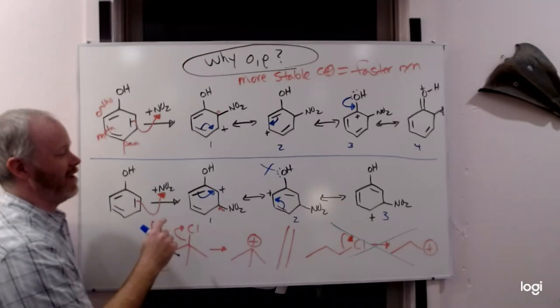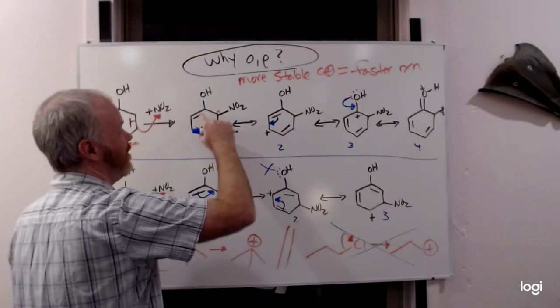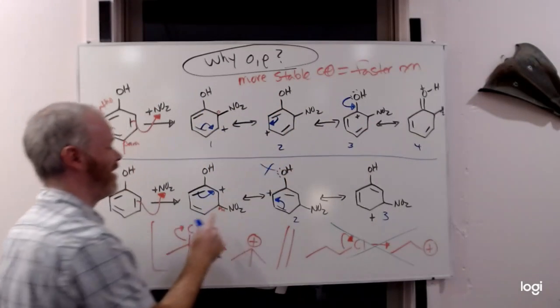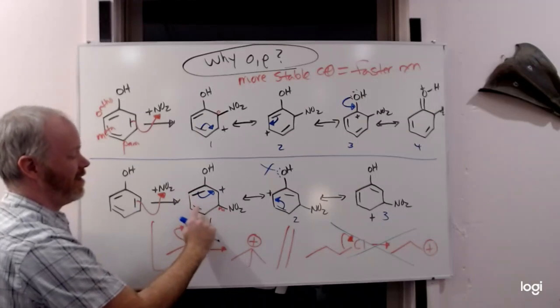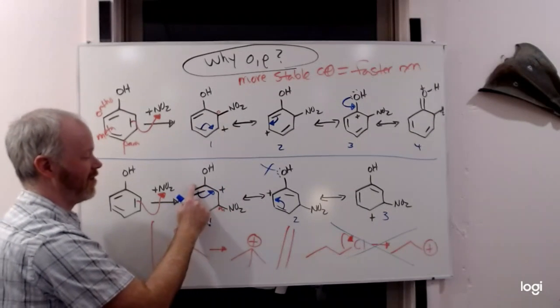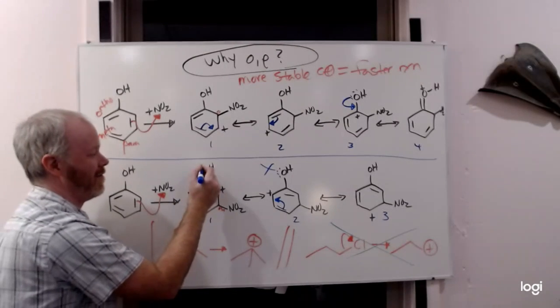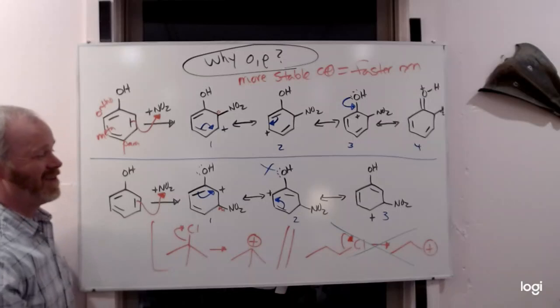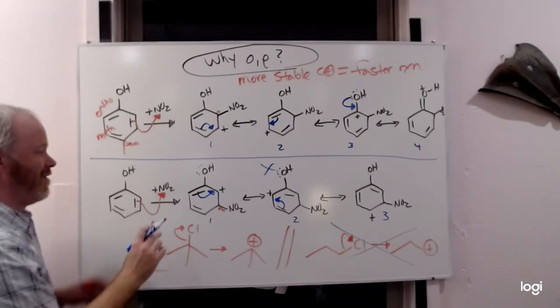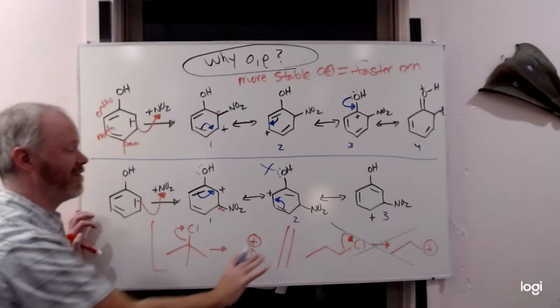So instead of being able to share almost all the way around the ring and then up to the oxygen, I can only share around these 5 atoms. So a positive charge and these 2 conjugated double bonds, good electron sharing there, but these lone pairs can't get involved in the resonance. So that means overall, this is a weaker, less stabilized system.